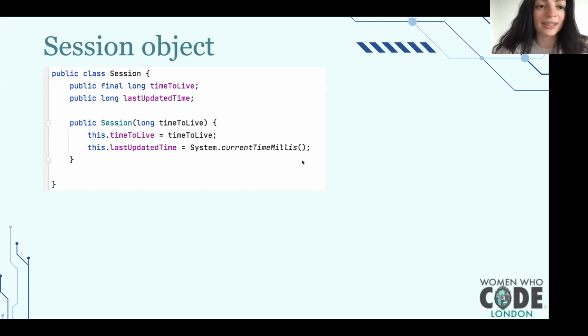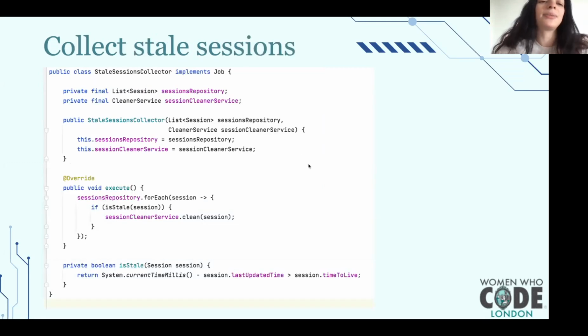Please let me know if you need me to explain some Java syntax. Now let's suppose that we have a program which has to collect stale sessions, which means that the session already expired and nobody wants to use it anymore. So we say that this is some property of session, it means that the session is stale.